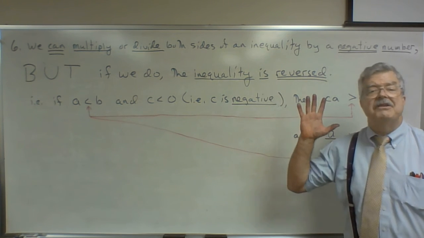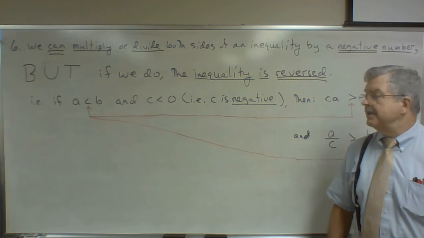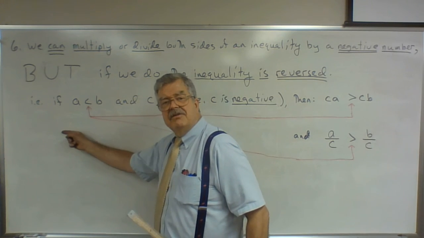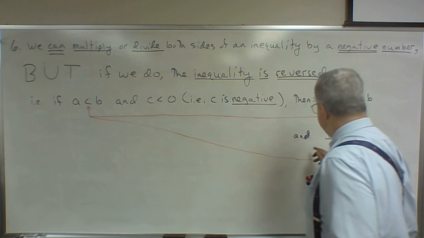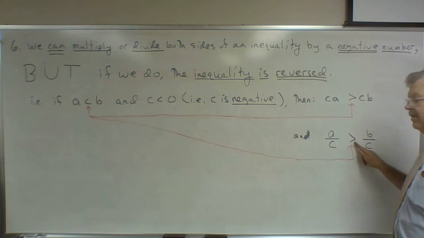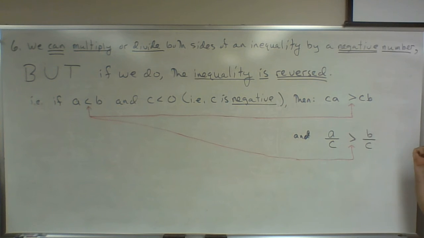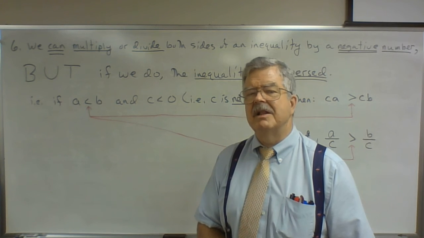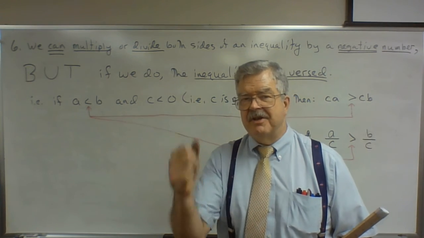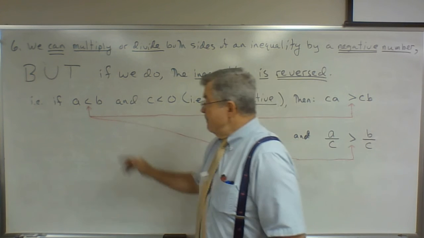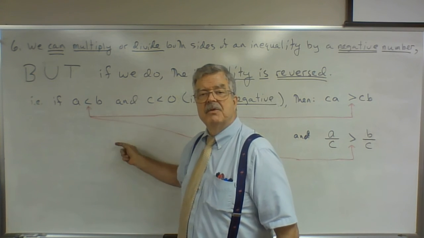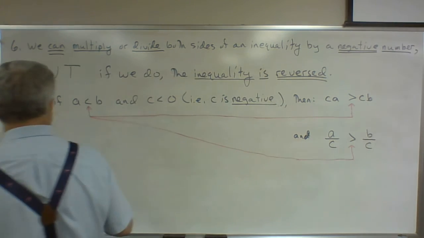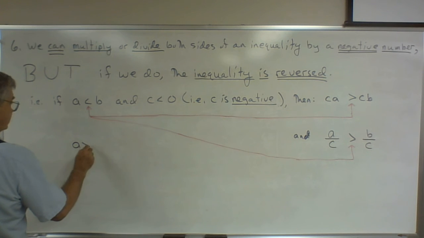And the same thing if I divide both sides by a negative number. Take the same inequality, the sign's pointing to the left, but now I divide by the negative number C, and look, the inequality is pointing to the right. Multiply or divide both sides of an inequality by a negative number, it turns the sign around. Now, did it matter that the sign was pointing to the left? Suppose that the sign had been pointing to the right.